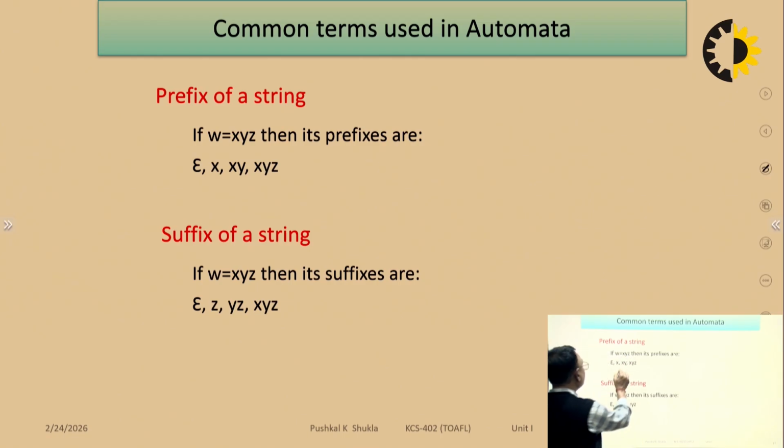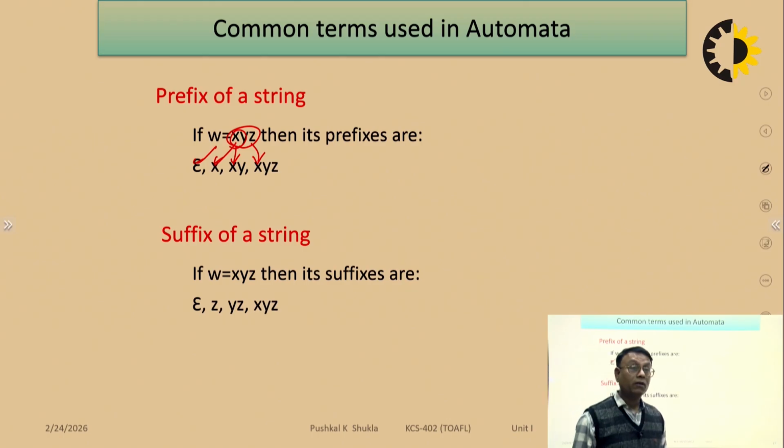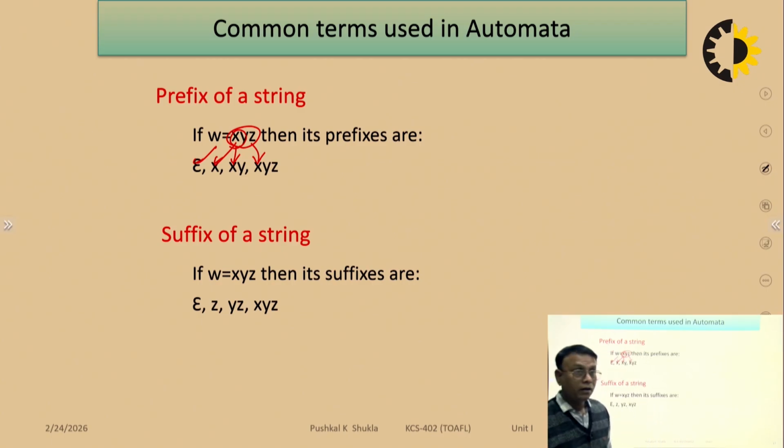So first epsilon, then X, then XY, then XYZ. And the suffix of a string is all the trailing symbols of that string. If W equal to XYZ, then its suffixes are epsilon, then Z, then YZ, then XYZ.